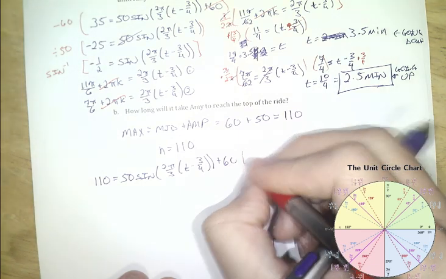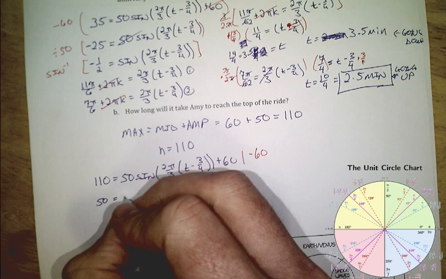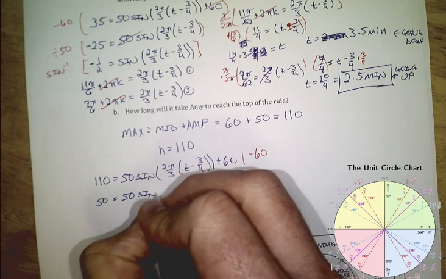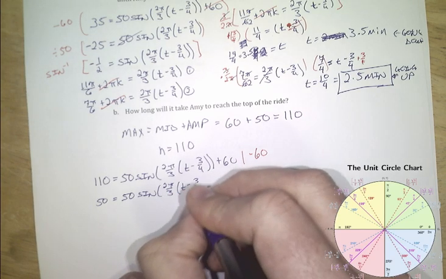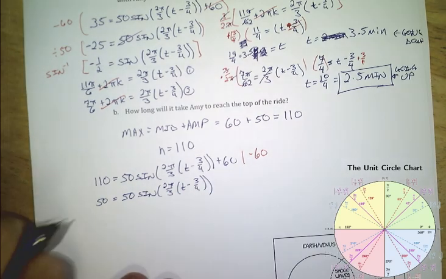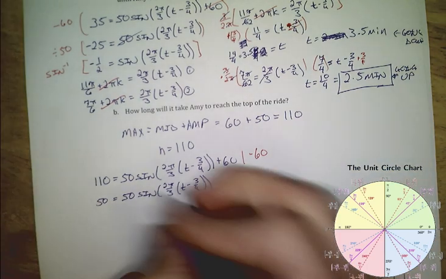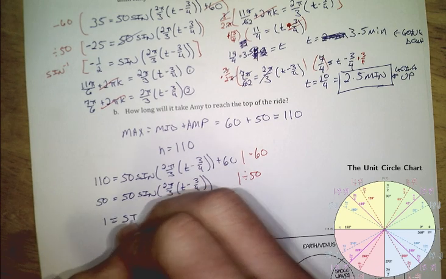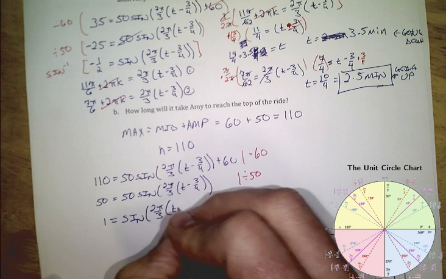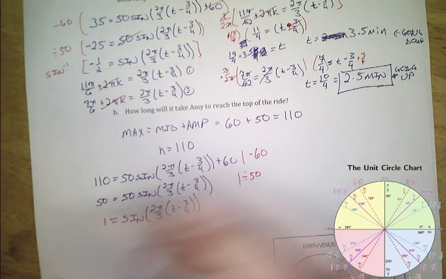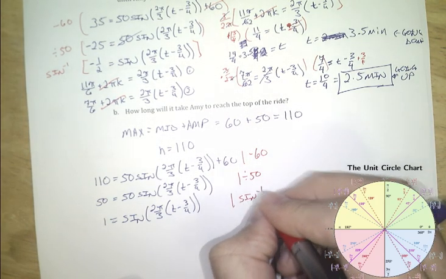We're going to subtract 60 from both sides to give us 50 is equal to 50 sine 2 pi over 3 times t minus 3/4. And then we're going to divide by 50 to give us 1 is equal to sine 2 pi over 3 times t minus 3/4. Then we will take the inverse sine of both sides.